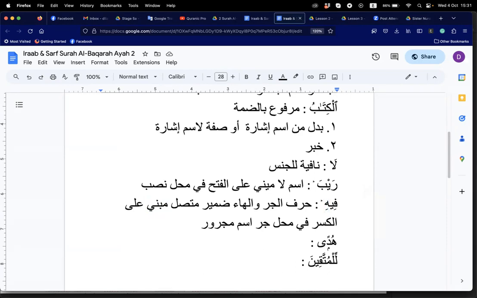So this kasr does not show you the status of the word, right? Even if you have khalaqahu, for example, the dhamma on the kha doesn't tell you that it's rafa. It's still nasab because it's a maf'ul, basically. So yes, it's going to be fixed. Whenever you see a mabni word, you cannot see the status. So you have to say the status fi mahali rafa or nasab or jar, and then the role of the word. In this case, it's a majrur because it's the jar wa majrur.